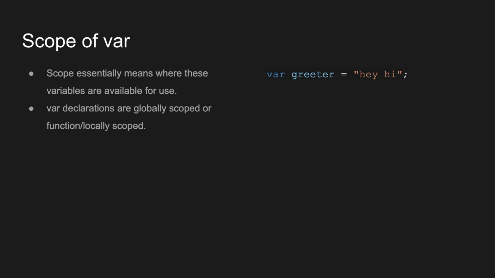This means that any variable declared with var outside a function block is available for use in the whole window. Var is function scoped when it is declared within a function. So if you have a variable var hello inside the function, then it is available for use only within that function and can be accessed only within that function.